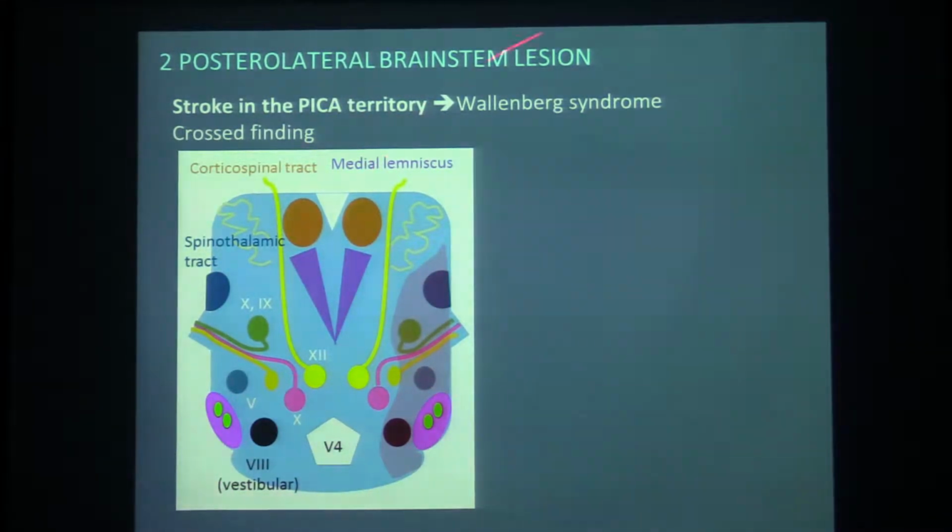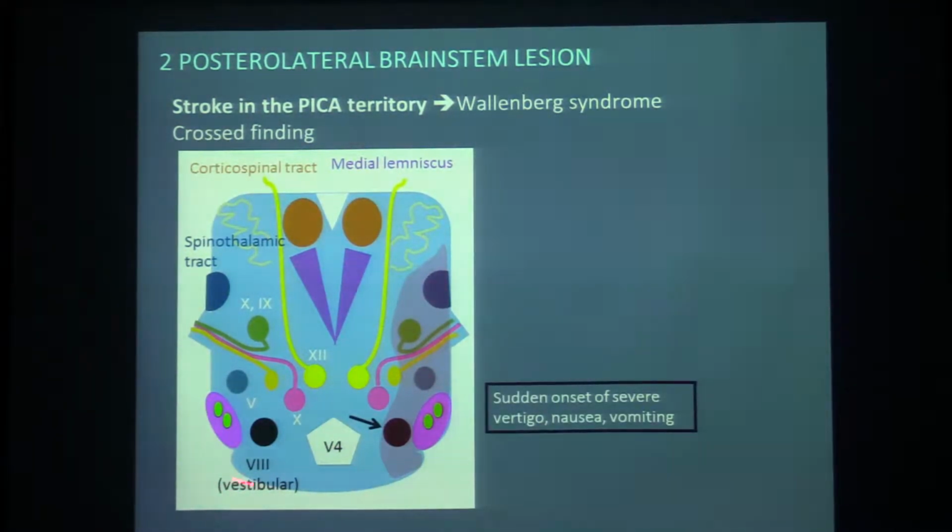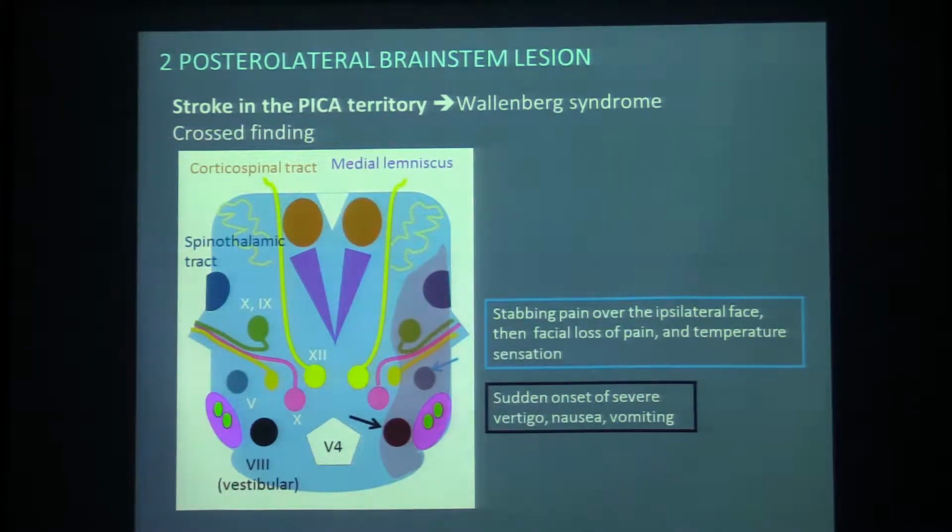And you know, in this syndrome you find crossed findings. It means that there are signs on the side of the lesion and signs on the other side of the lesion. It is a sudden onset of severe vertigo, nausea, vomiting due to the 8th nerve lesion. Stabbing pain, and afterwards facial loss of pain and temperature sensation because of the lesion of the 5th nerve.